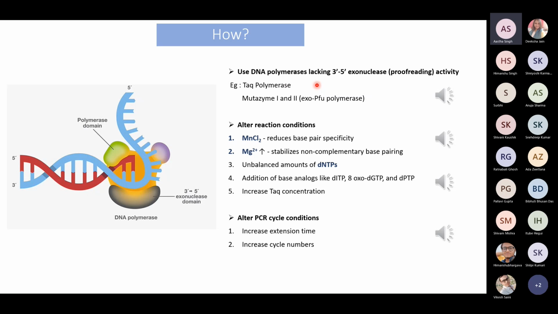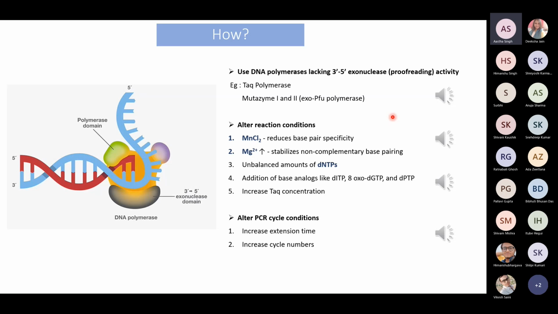So that is why Taq polymerase is still suitable for applications wherein we want to accurately amplify DNA that is 1 kb or lesser in length. Since Taq polymerase does not have a very high error rate, it can still be used for error-prone PCR if we alter the reaction conditions, which I will explain in a little while.